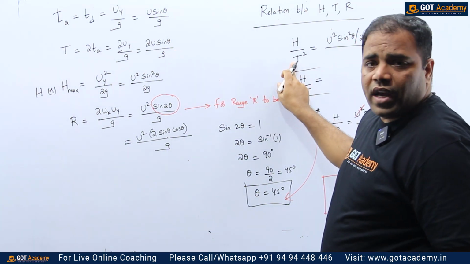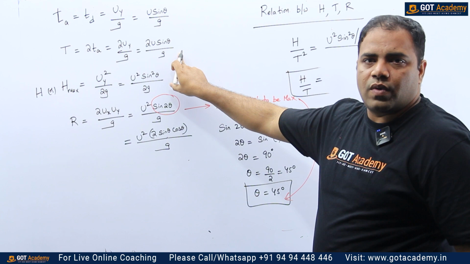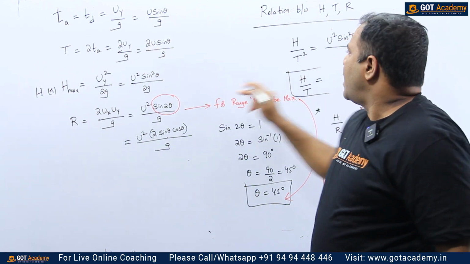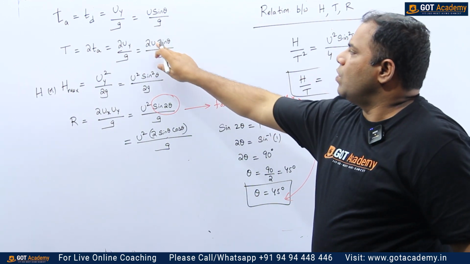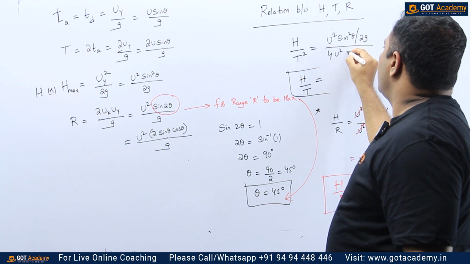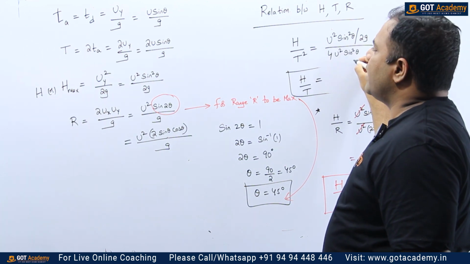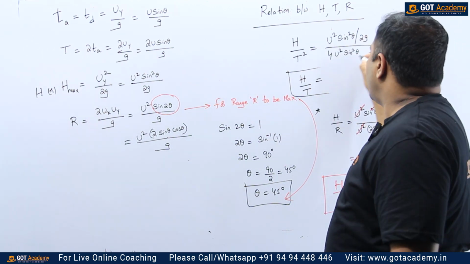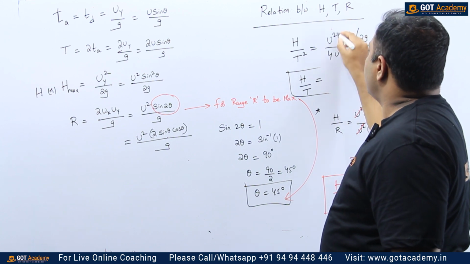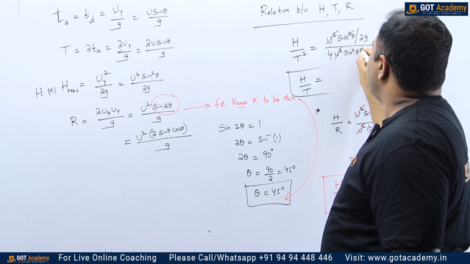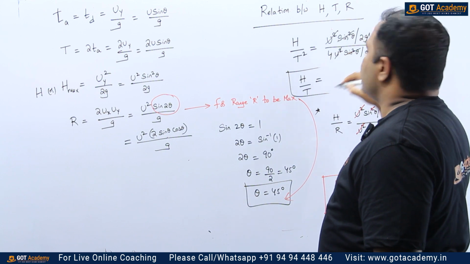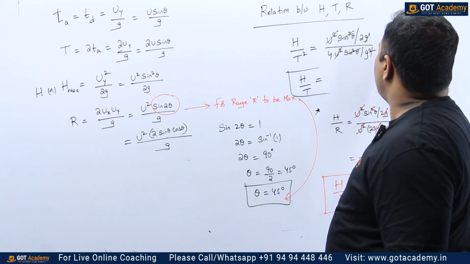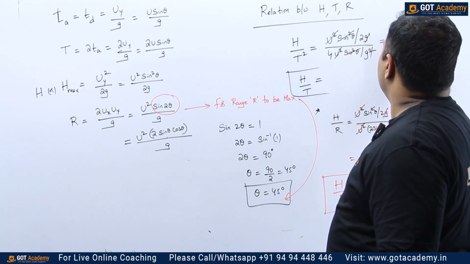I am saying T square, so better you square this one. If I square, this 2 will become 4, u sin theta will become u square sin square theta, and this g will become g square. U square cancels, sin square cancels, g cancels. 2 is coming down.